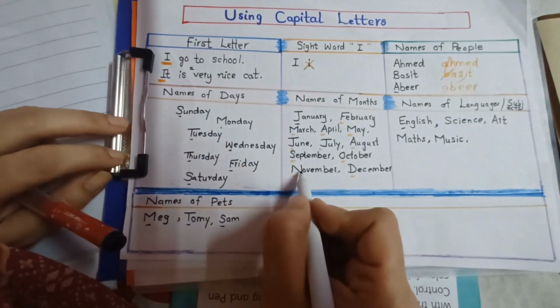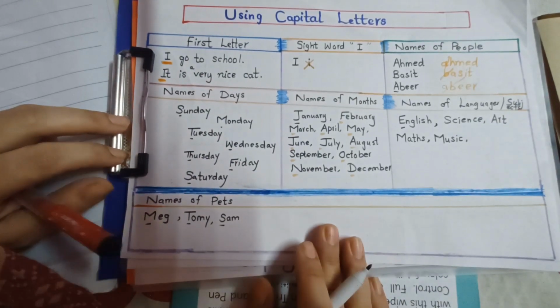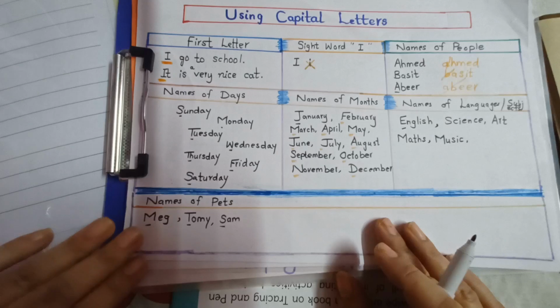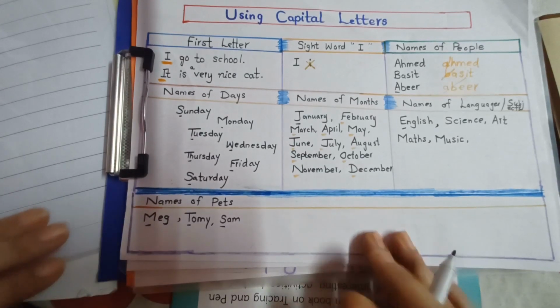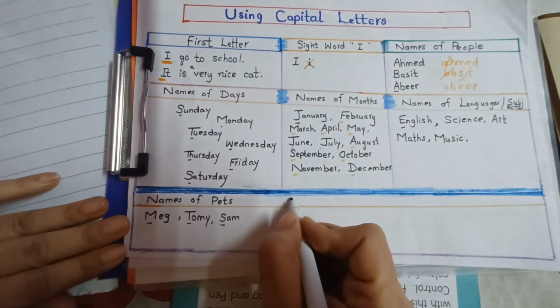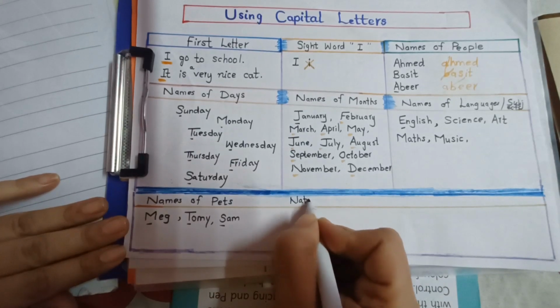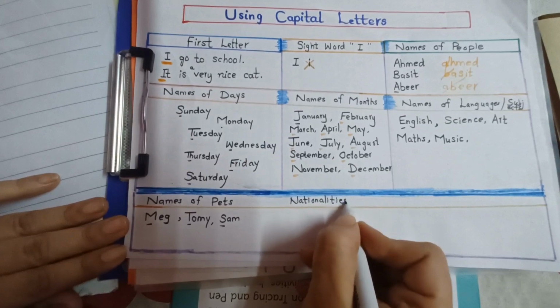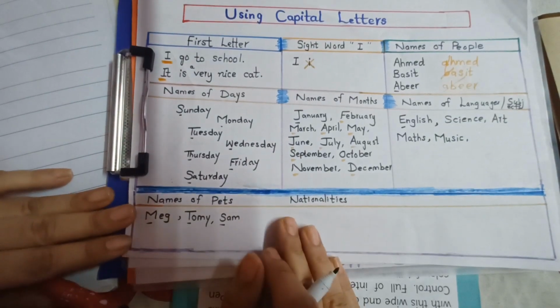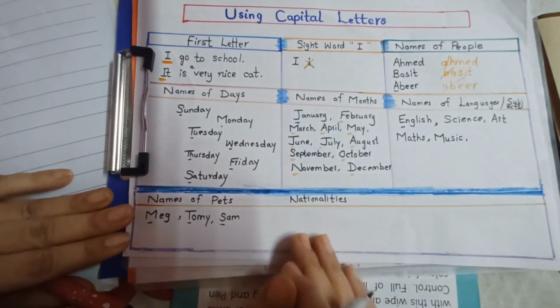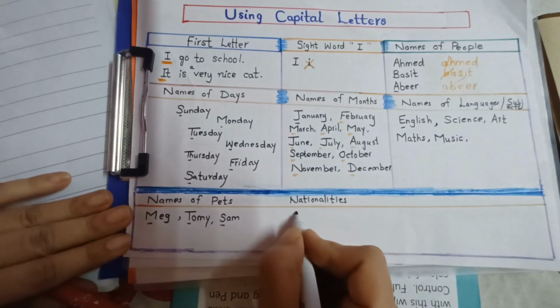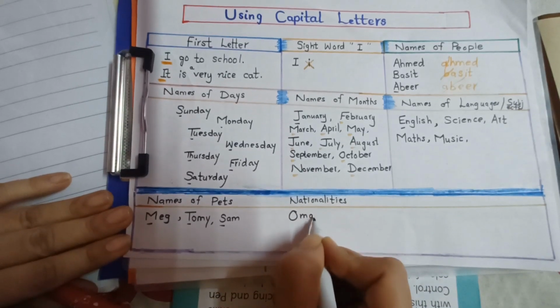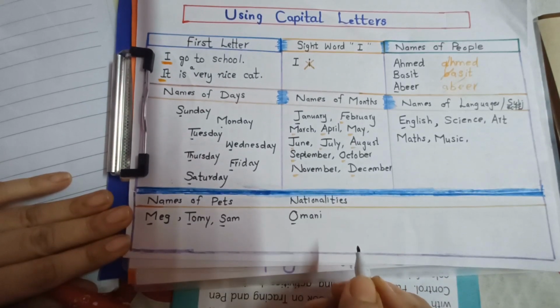And next, what else should be capitals? Nationalities. If somebody lives in Oman or is from Oman, that is Omani, O should be capital.